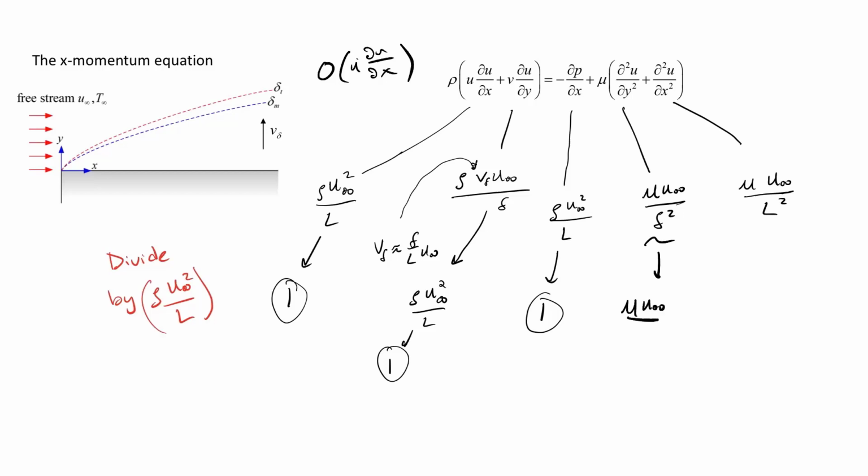Sorry, I did the wrong one already. So mu times u infinity over delta squared, and then we're dividing by rho u infinity squared over L. So that's then L over rho u infinity.